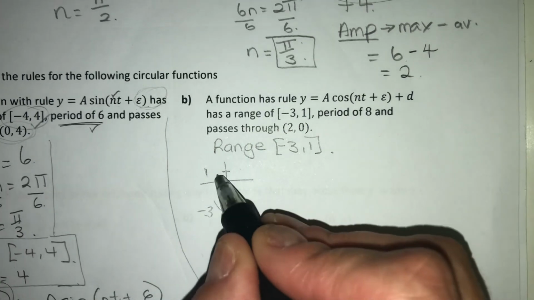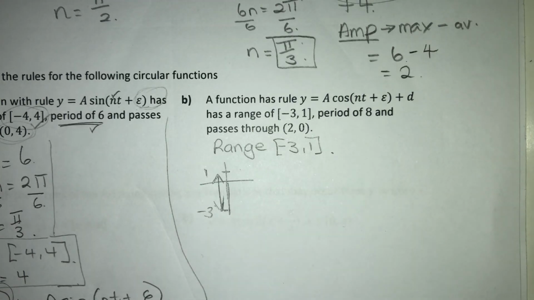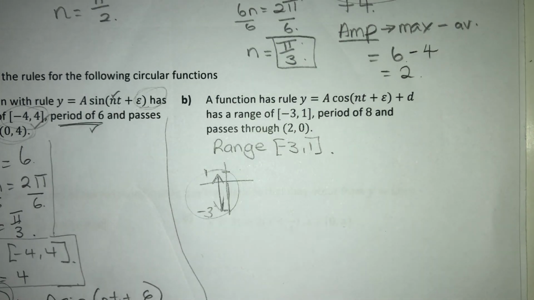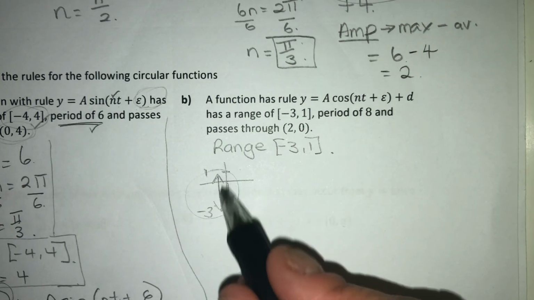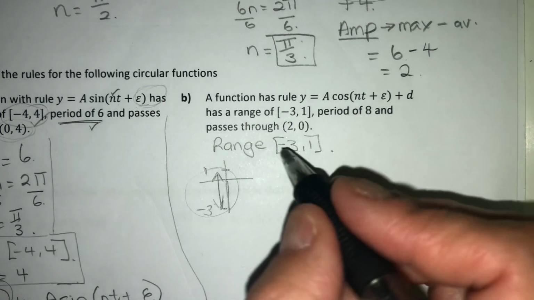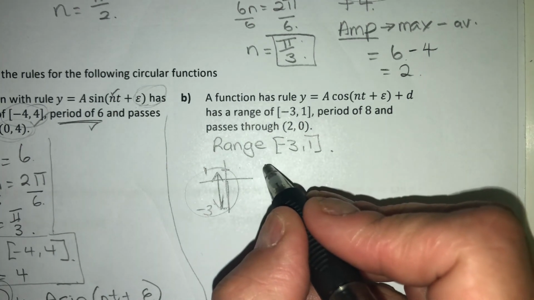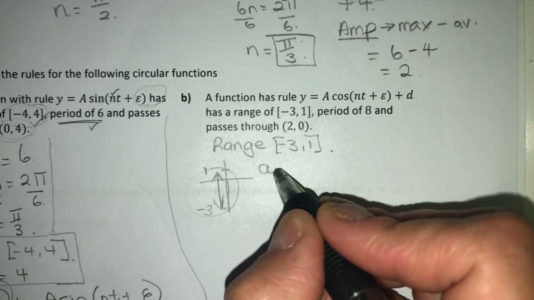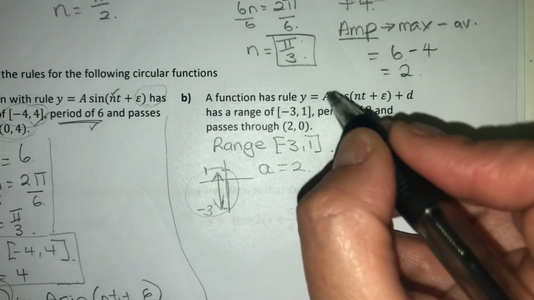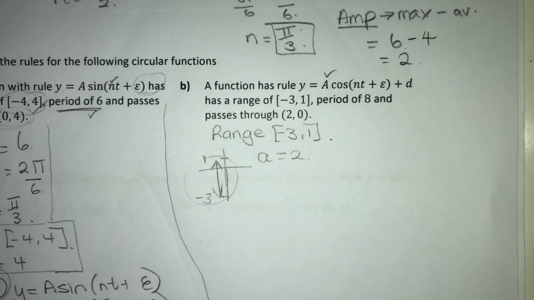So how much is that in between? Okay, it's 4, and therefore we want half of that. So the range is equal to 4, and we want half of that because we want the average. So the amplitude in this case must be equal to 2. Okay, so I'm going to put a tick above there because we've got it.